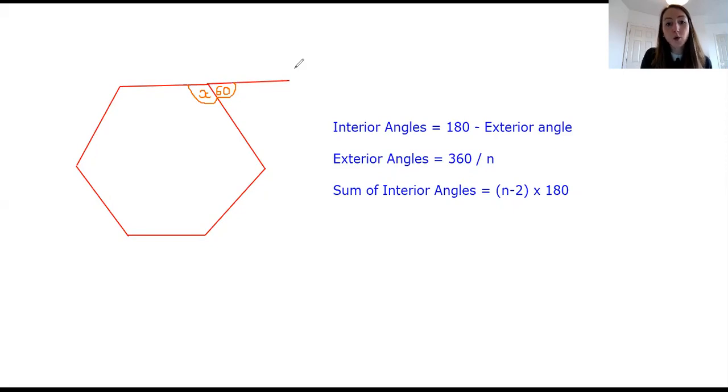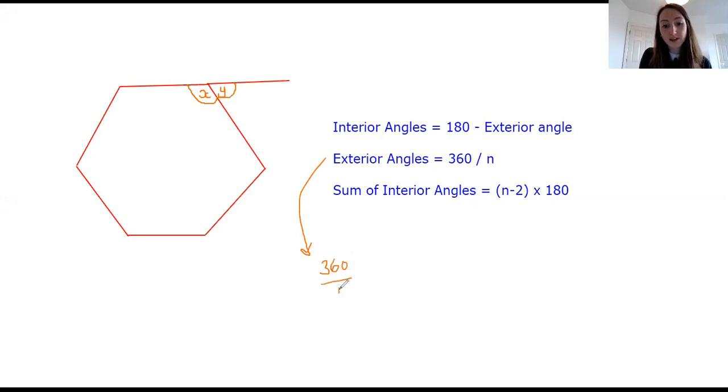Now, I could also work out the exterior angle. So let's go back a step and pretend I don't know that exterior angle. I could work that out by looking at the second formula, which says 360 divided by n. And n here just stands for the number of sides. So I could do 360 divided by n.